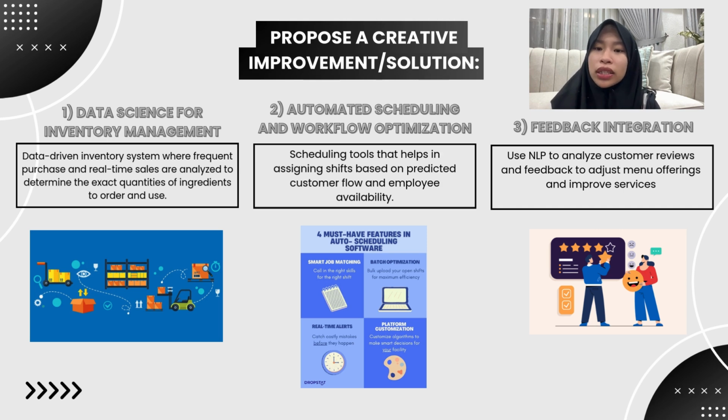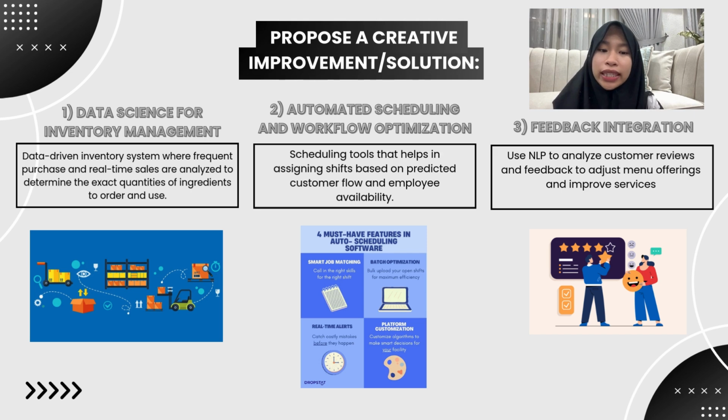The second issue that we have is increasing operating expense from labor. We have decided to use automated scheduling and workflow optimization. This is because it could improve our scheduling tools that help in assigning shifts based on predicted customer flow and employee availability.